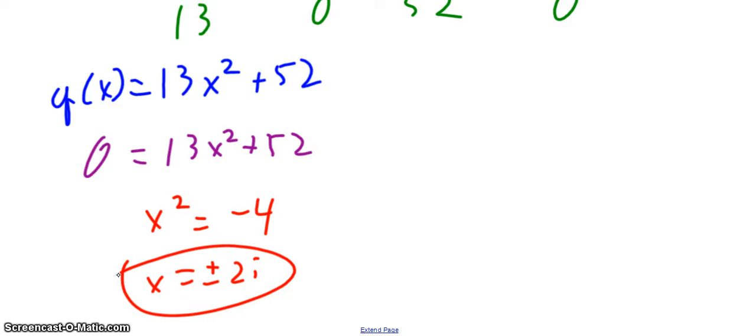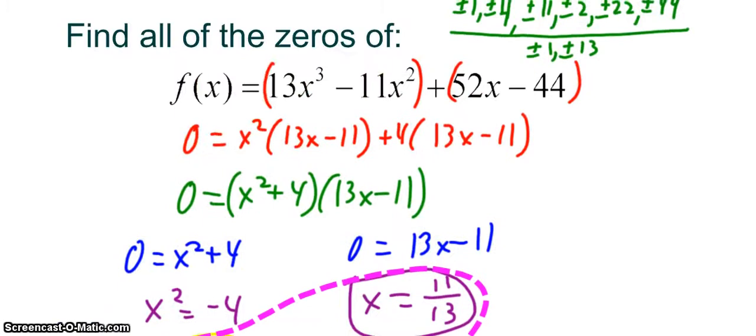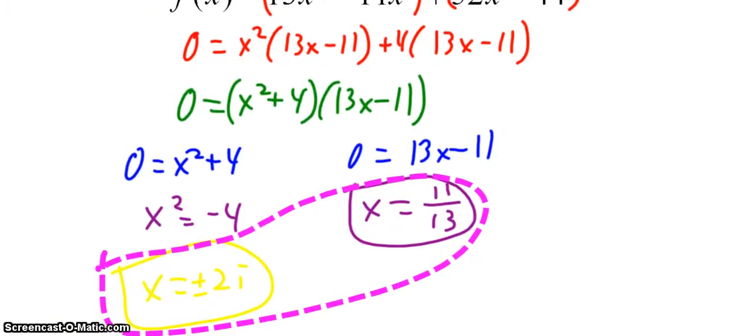So, again, I had two choices here. I can do either synthetic division or I can factor by grouping, but since I can factor by grouping, that is the easier choice. Either way, my answers are plus or minus 2i and 11/13.